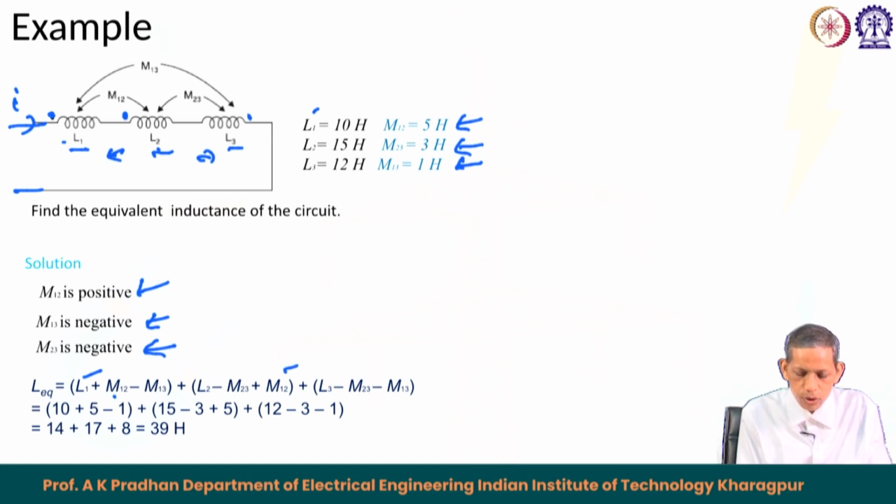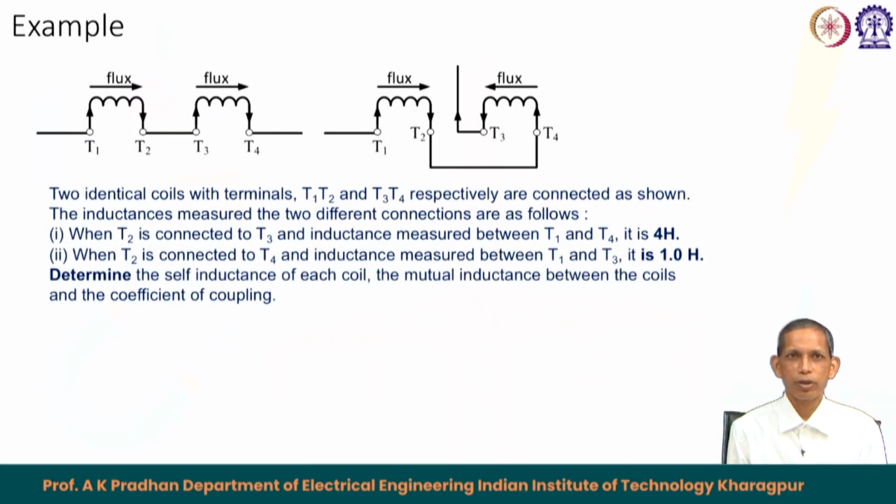The third coil has also two mutual inductances: L3 of itself, and its mutual inductances with the other two coils are minus M23 and minus M13. This results in the corresponding expression, and if we substitute all the values, the L equivalent comes out to be 39 Henry in this case. So, we have an example on series connections of inductances.